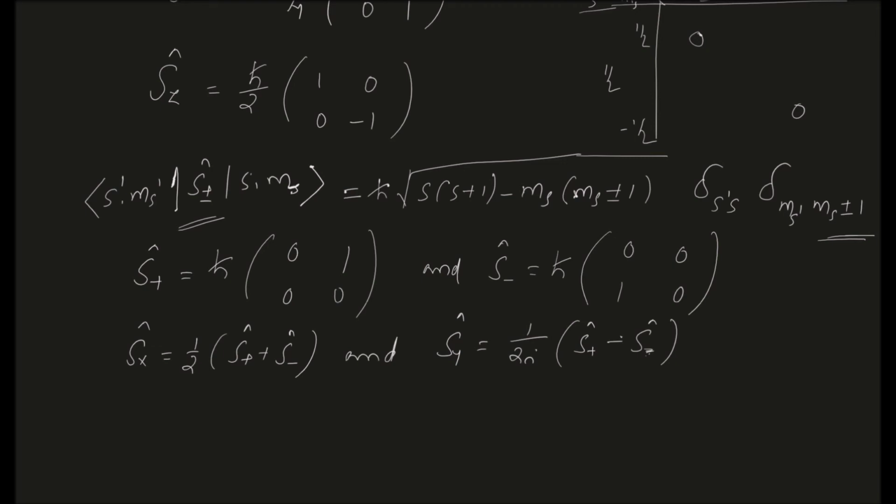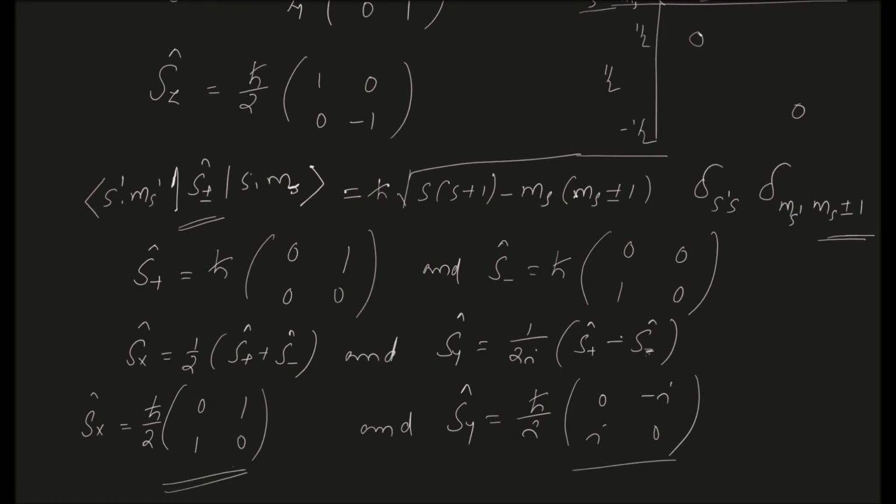So if you take the sum of S plus and S minus, the matrix for Sx is given by ħ by 2 times 0, 1, 1, 0. And the matrix for Sy is given by ħ by 2 times 0, minus i, i, 0. So this is the sum of the S plus and S minus matrices, and this is the difference between the S plus and S minus matrices.